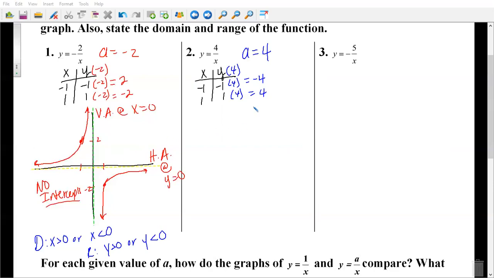So I'm going to sketch my graph and label what I know. My asymptotes were unchanged. So I still have a vertical asymptote at x equals 0 and a horizontal asymptote at y equals 0.